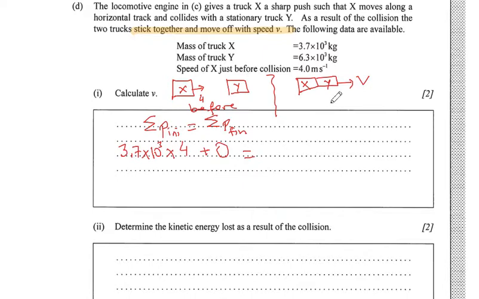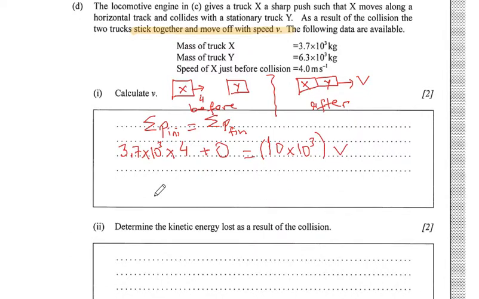And then after they collide, once they start moving off together, I can now use their combined mass because they are moving together, so they act like one mass of a total of 10 times 10 to the power of 3 kilograms, moving off with a speed v.